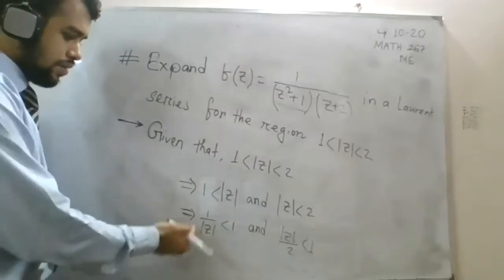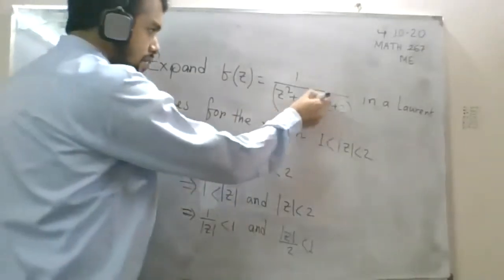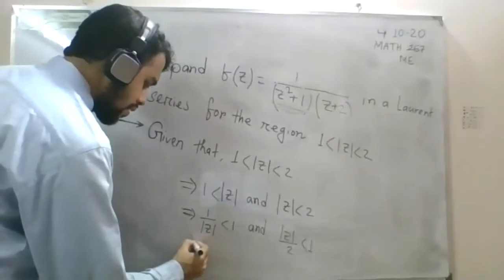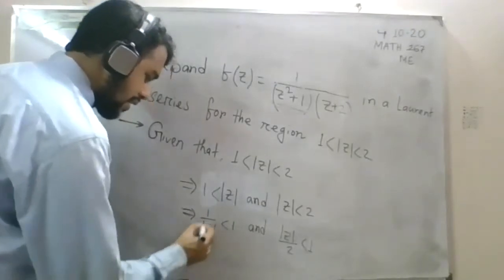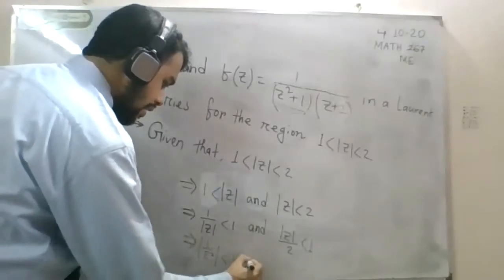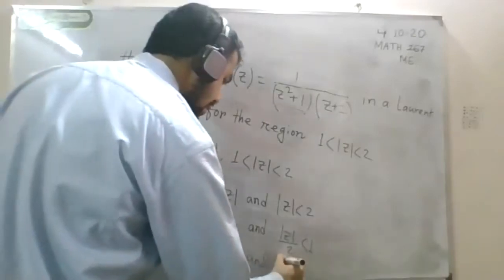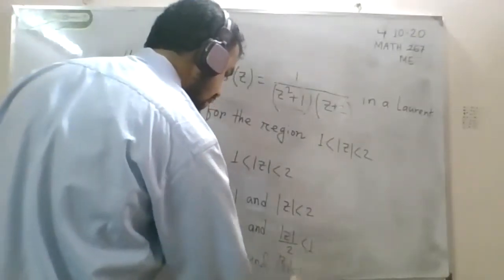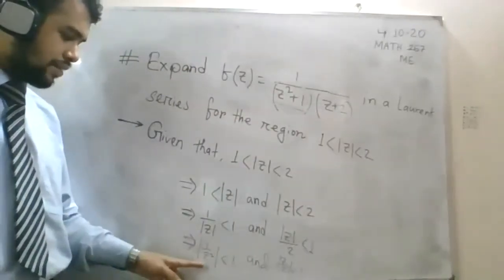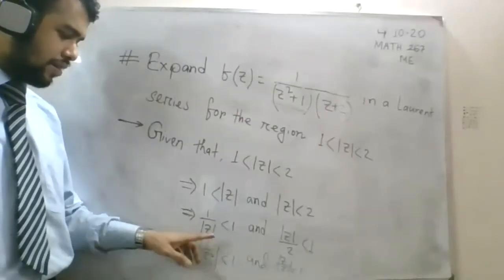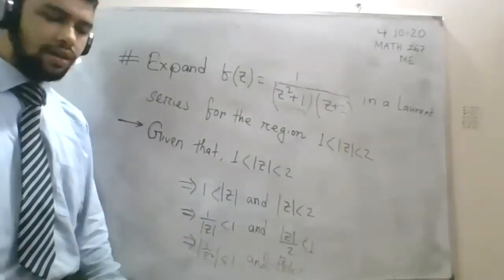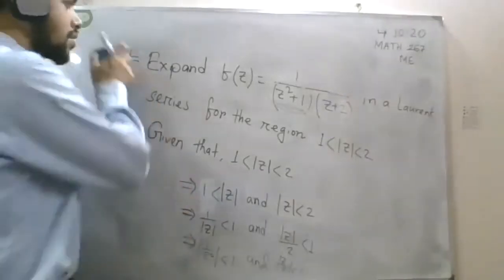So we have to make these things like this. Sir, Laurent is always less than 1. Yes, so here you can also make this thing like that, and you can say this is modulus of 1 by z square less than 1, and also the modulus of z by 2 less than 1. So this is your condition.